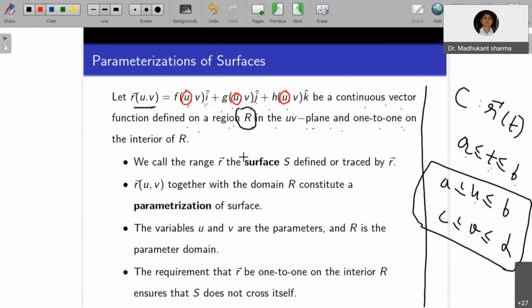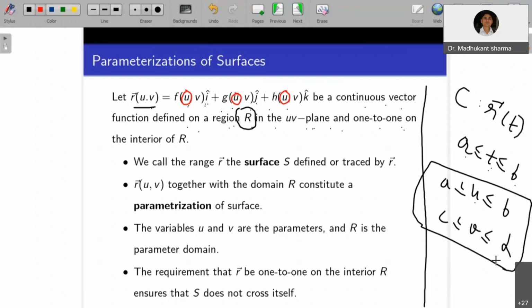So v is varying from c to d. u is fixed, v is varying from c to d, so it will identify a curve. It's a one parameter family now.